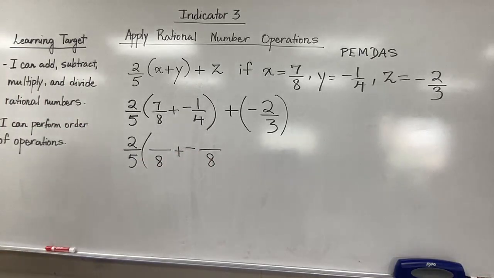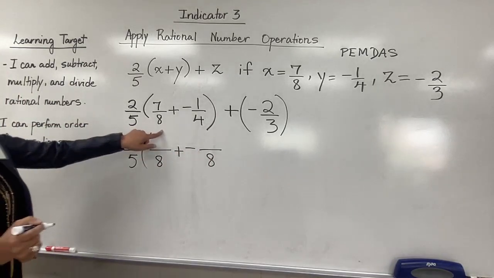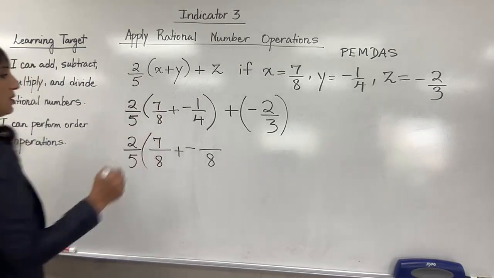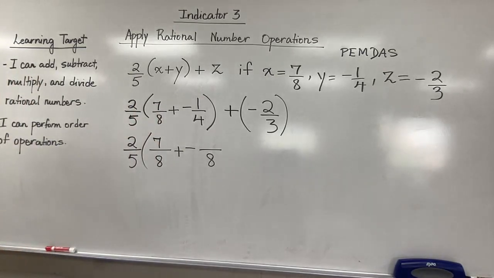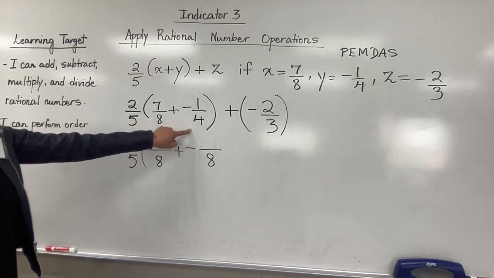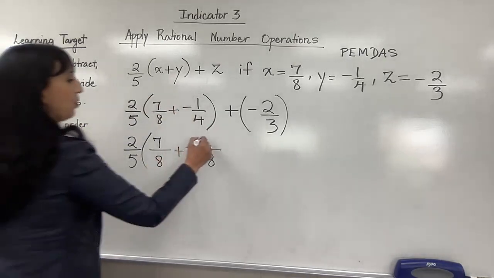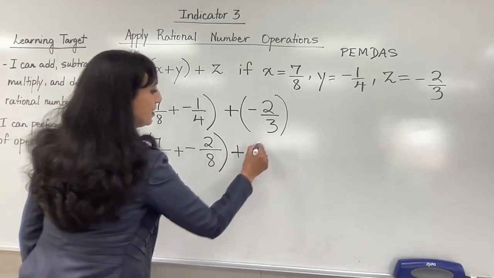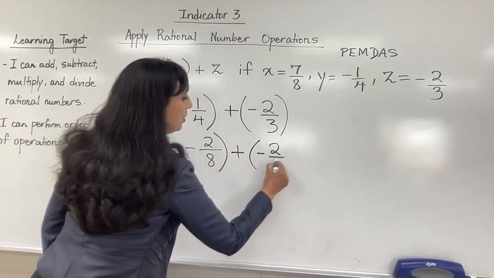Okay, and then I know that 8 times 1 is 8, so same rule applies to the numerator, so 7 times 1 is 7. Okay, and then I'm going to look at 4 times 2 is 8. So 1 times 2 is going to give me 2. So here's this part plus negative 2/3.